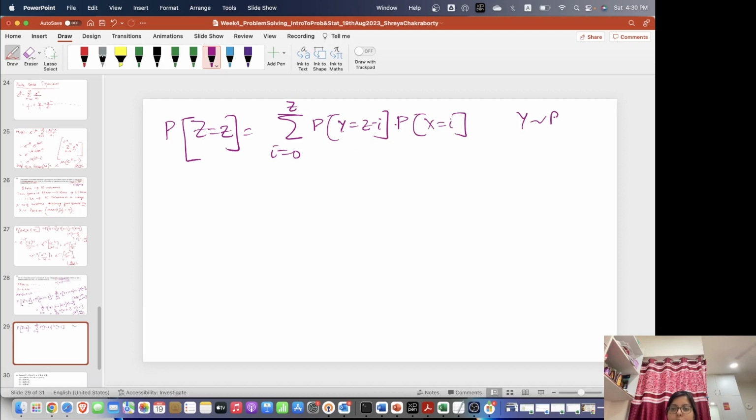Now Y follows Poisson beta and X follows Poisson alpha. So this one we'll write as summation i equal to 0 to z.